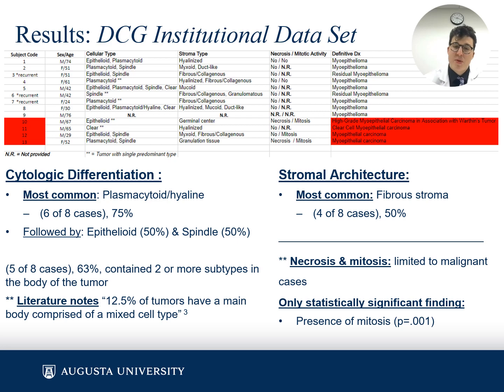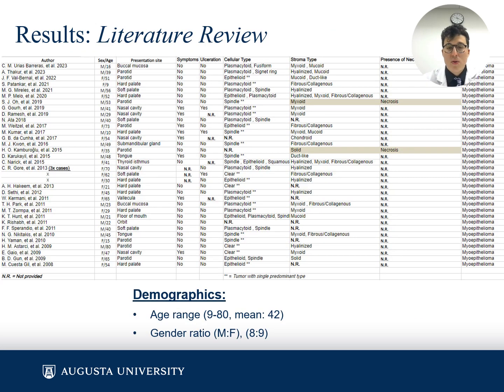We found 63% of the tumors contain 2 or more subtypes, so significantly more. Most common stromal architecture was fibrous. Necrosis and mitosis were limited to malignant cases, and the only statistically significant finding was the presence of mitosis with a p of 0.001.